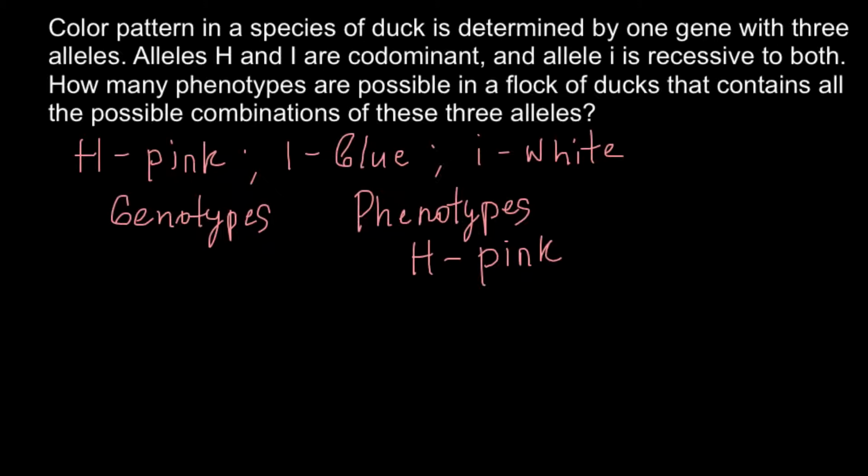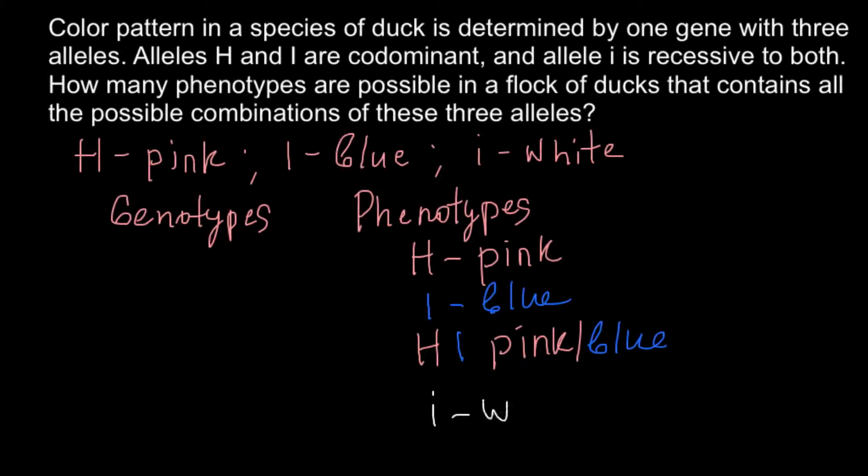The second phenotype can be blue, capital I, blue. The third phenotype can be capital H and capital I, and this is going to be pink and blue. And the last phenotype can be small i, and this is going to be white.